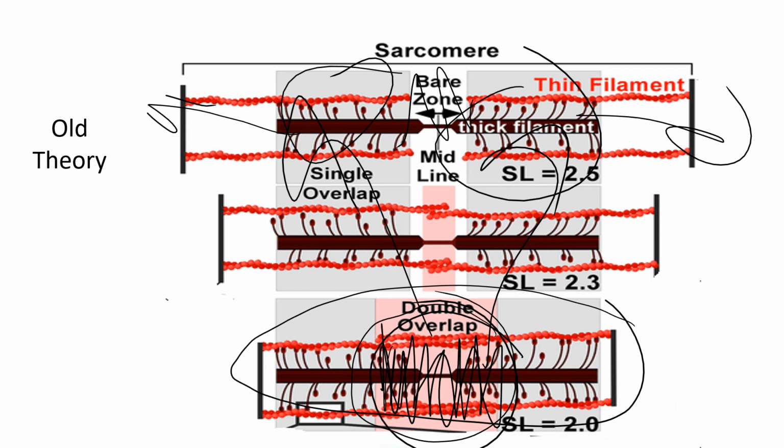All I can promise you is on an exam, overly shortened sarcomeres being stretched out and thus allowing more force to be produced, that would not be the right answer for how cardiac muscle fibers generate more force when they're stretched.